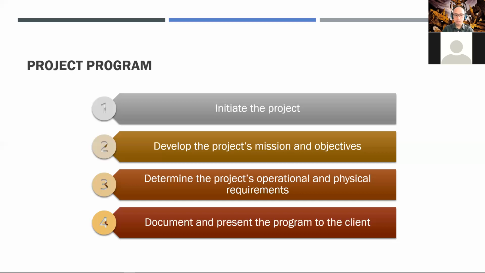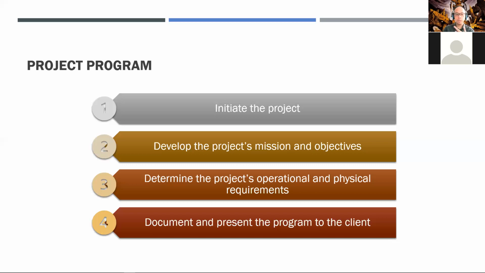Develop the project's missions and objectives. In other terms, it would be mission and vision, so to say. I think that's what most people say here, vision and mission, but in a more international setting, it's the project mission and objectives.